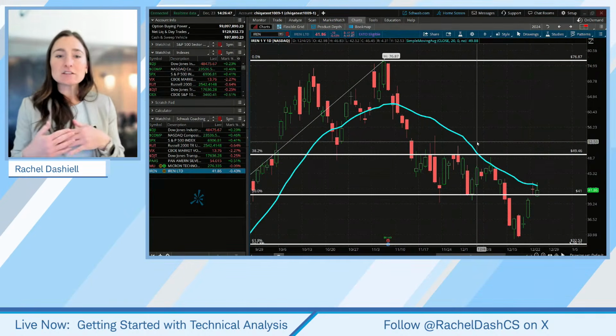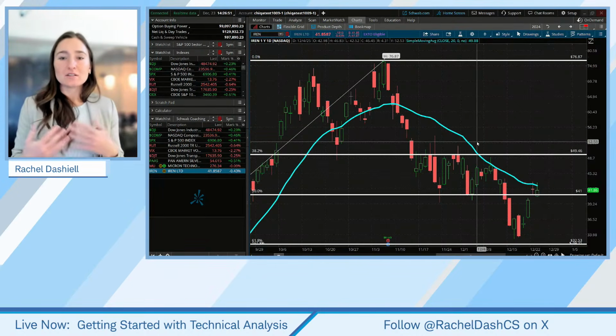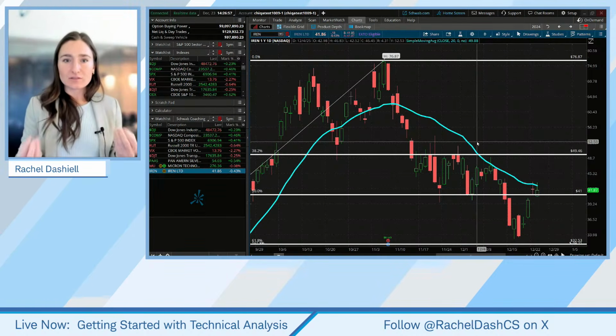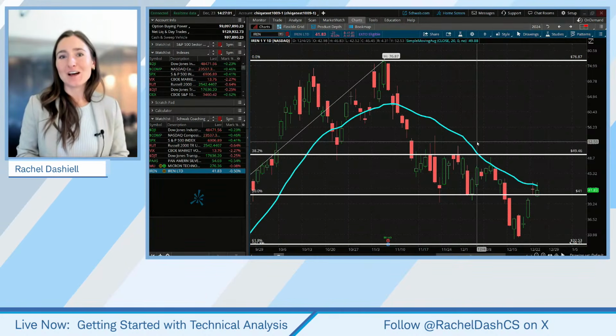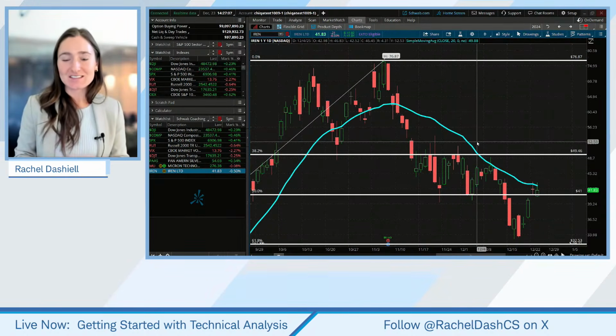It's not necessarily manipulation. Portfolio managers, traders, market makers, they are using these levels of support and resistance because they know they're going to be psychological levels. They know a lot of stops are going to be at that level because traders will pay attention to these things.